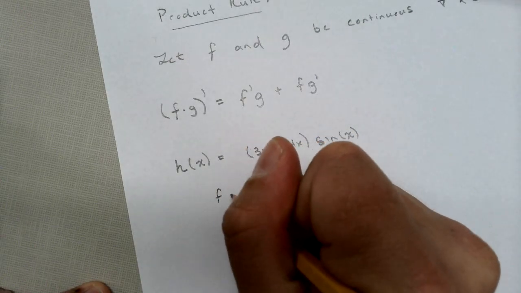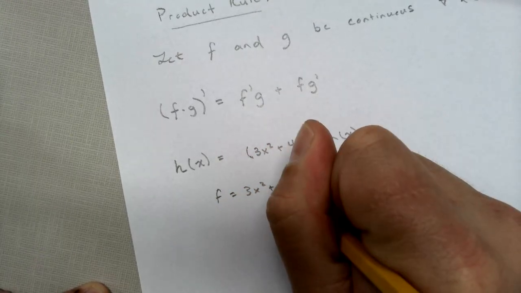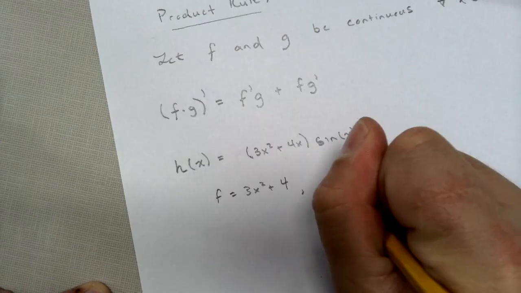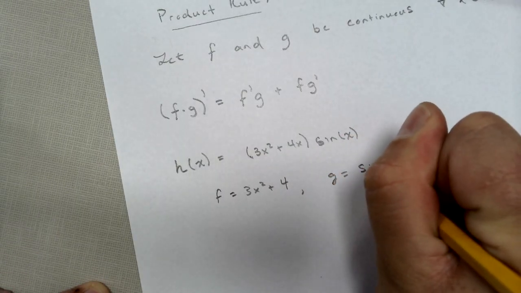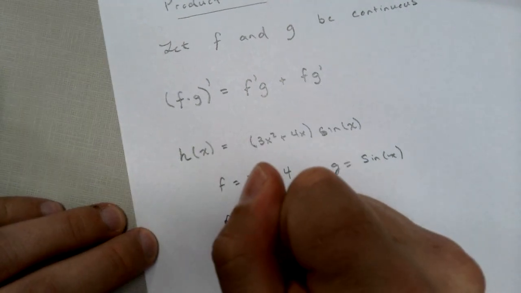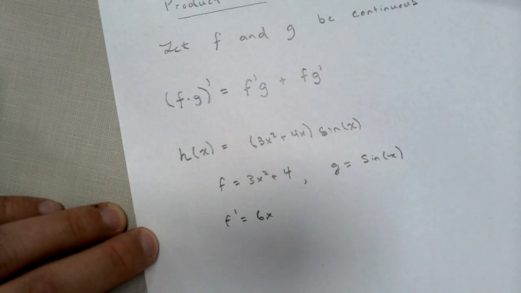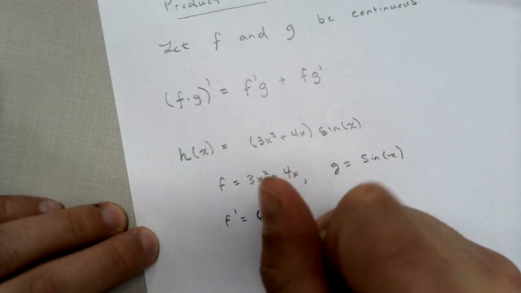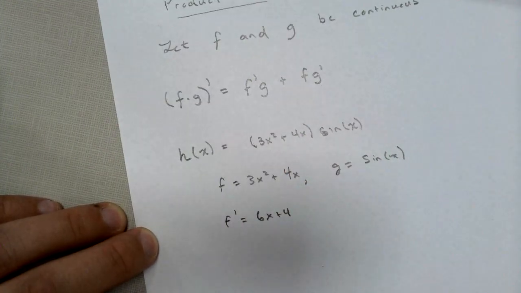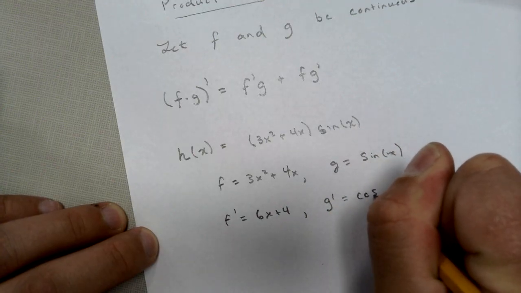Let's let f equal our 3x squared plus 4x, and let's let g equal our sine x. Well, here f prime is equal to 6x plus 4, and our g prime is going to equal cosine of x.